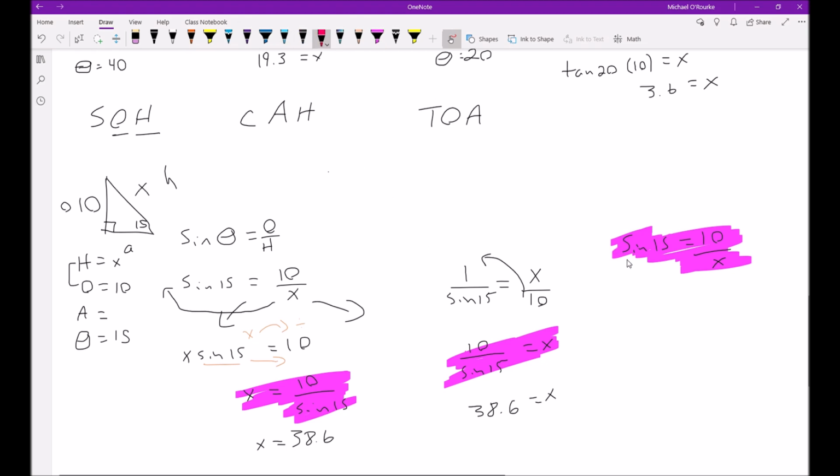What happens with this and this? They end up just switching places. So from now on, once you get to this step and you go, oh, those are going to switch places, you just swap them. And then you're in the same place. Okay? So let's do one more question like that.